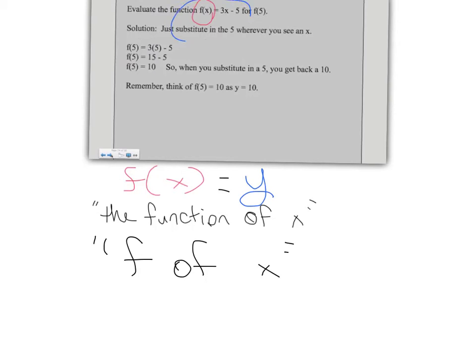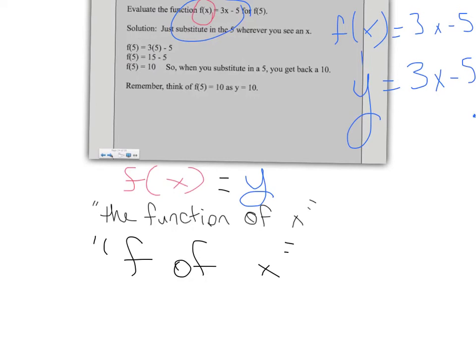So if we look at this equation here, it says f of x equals 3x minus 5, that is identical to this equation, because f of x and y are the same thing. F of x is actually probably a more accurate way to describe what you're finding, because what you're saying is that you've got an output, which is your function.